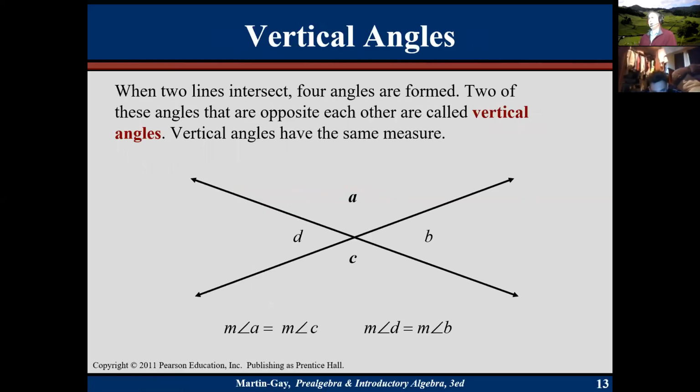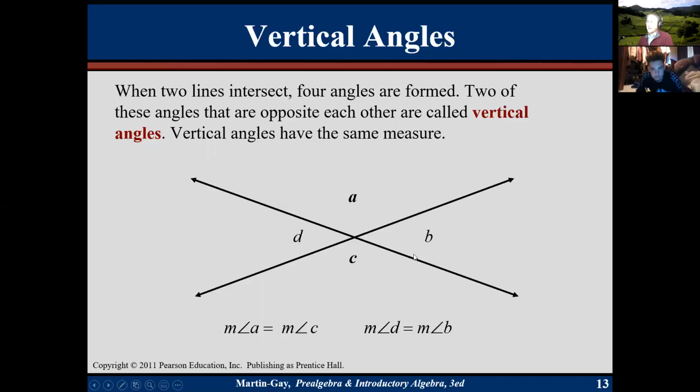Okay, so vertical angles, and this is a classic geometry thing. When two lines intersect, it forms four angles, right? So you've got angle A, angle C, angle B, and angle D. And the interesting thing about two lines intersecting is that the measure of angle A is the same as the measure of angle C. And the measure of angle D is equal to the measure of angle B, right?